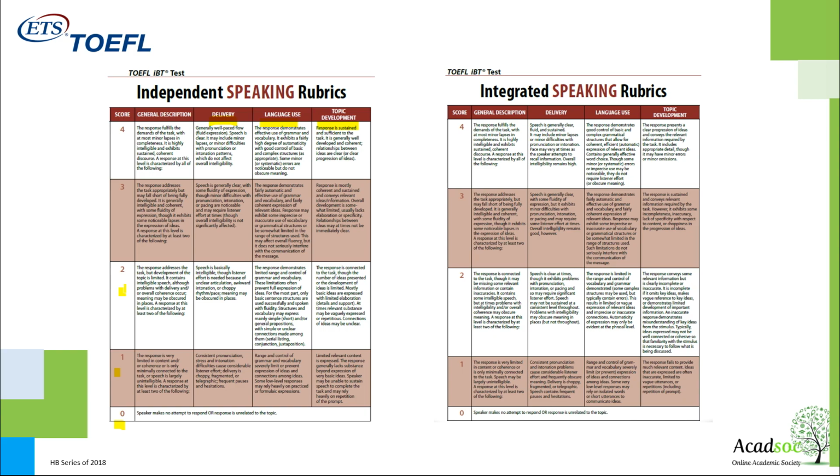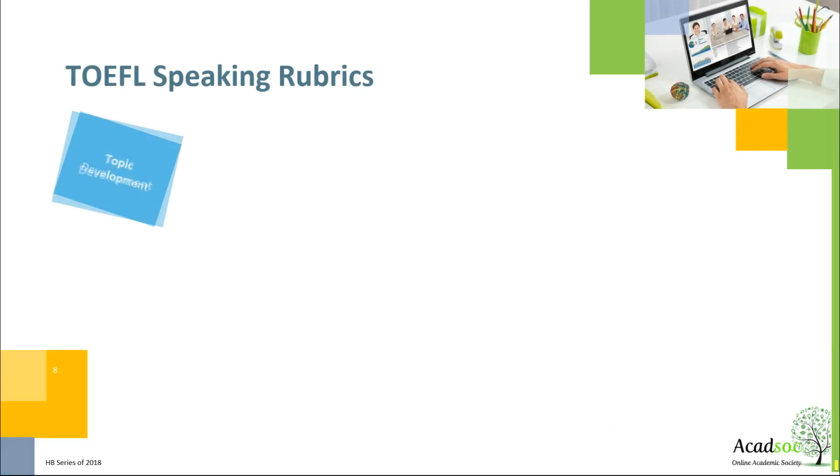Each raw speaking score is accompanied by a general description of what that particular score indicates about the speaker's overall English ability. In addition, each of the 3 rubric components contains its own description for the 4 score levels. Topic development refers to how the student coherently construct the responses by connecting thoughts and elaborating on ideas.